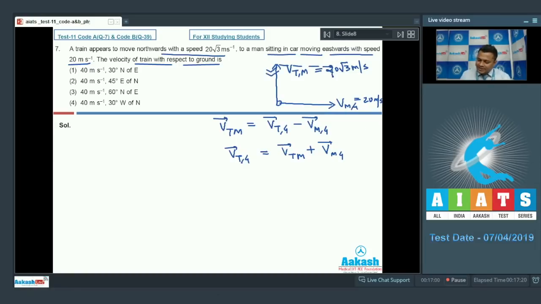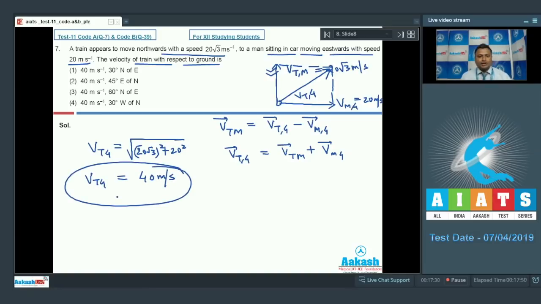It means their resultant will get us velocity of train with respect to ground. Now the magnitude can be written simply as VTG equals under root VTM squared, that is 20 under root 3 square, plus 20 square, which gets you after solving 40 meter per second.